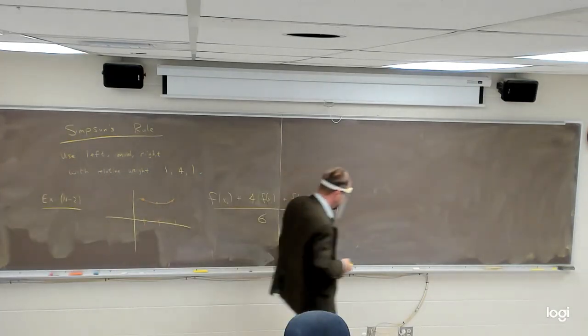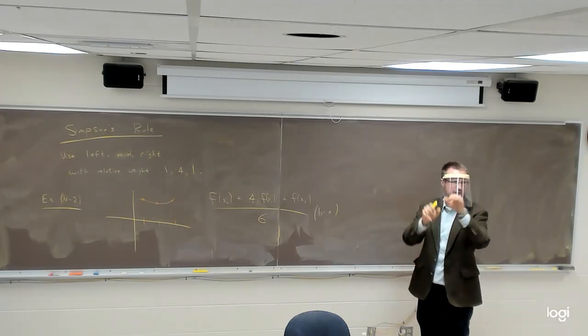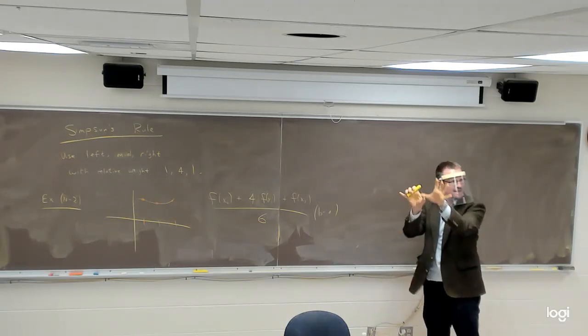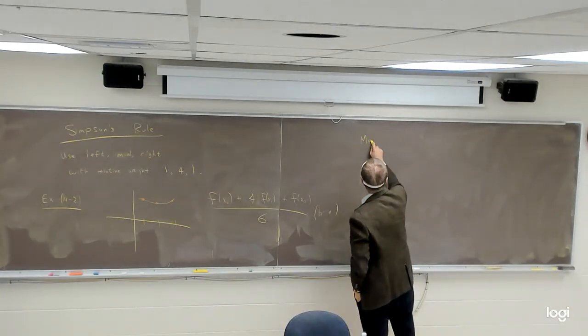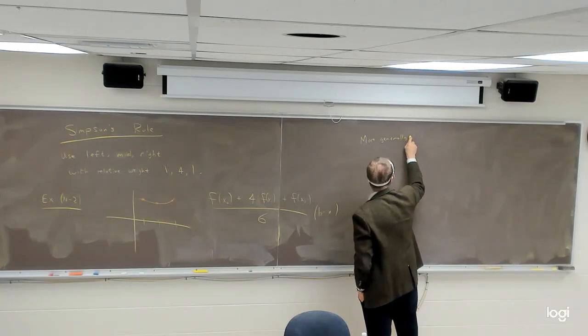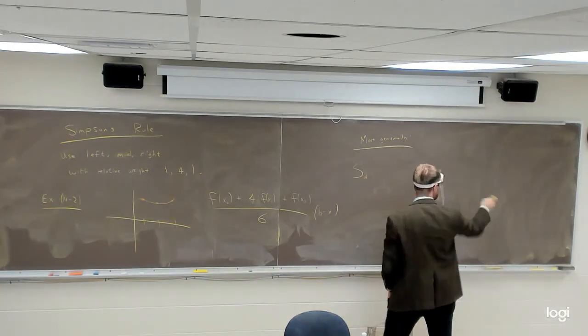So in general, if I do a 1, 4, 1 and add it to a 1, 4, 1, now I have 1, 4, 2, 4, 1 because that overlap got counted. So more generally, my nth Simpson rule, I erased my comparison chart.